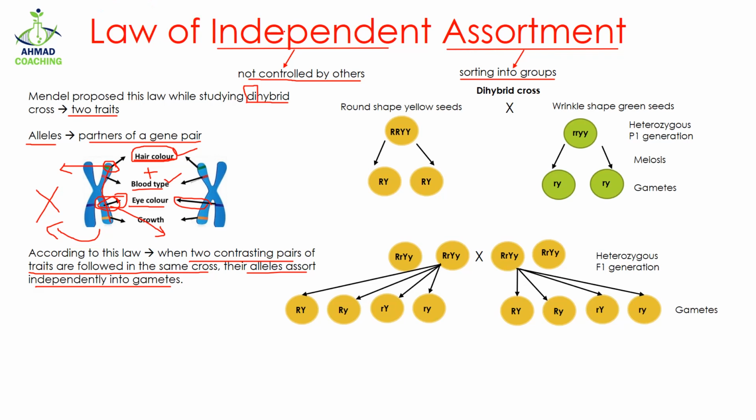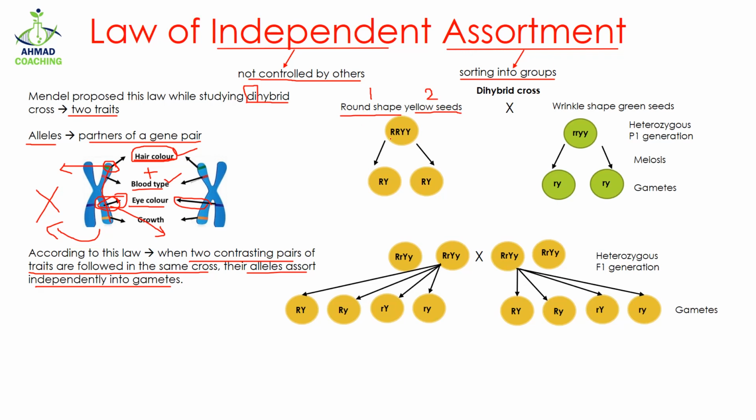For example, here I have round shape yellow seeds. So this is one trait and this is another trait. In this plant we are studying 2 traits, a dihybrid cross, in which I have a round shape seed which has yellow color.